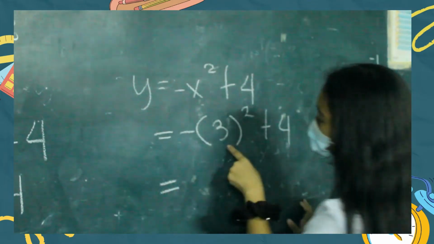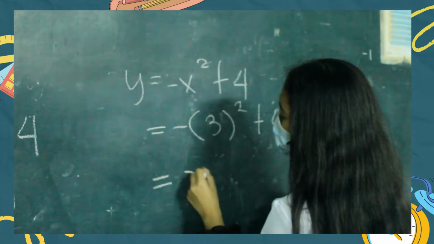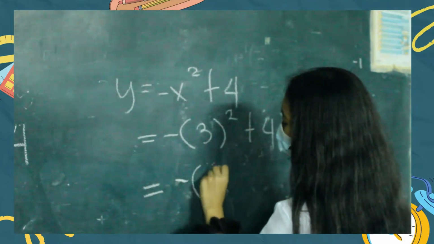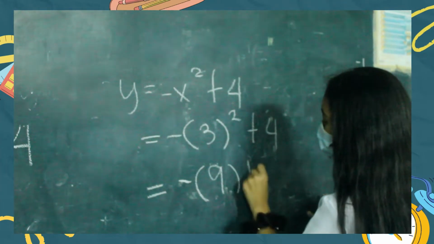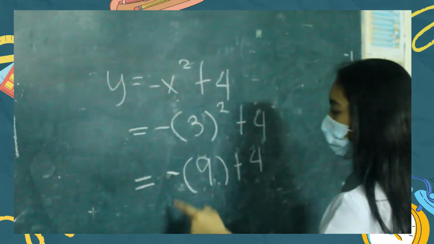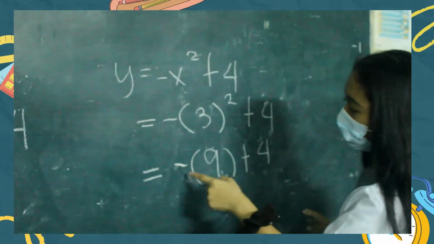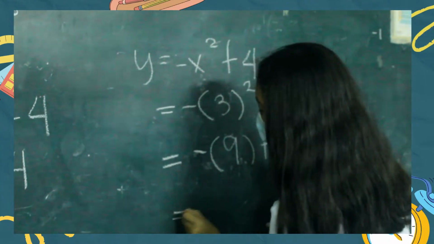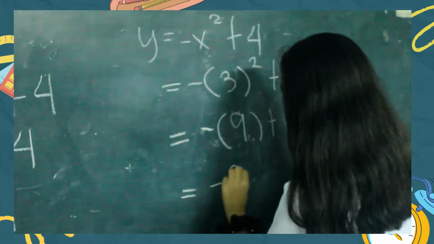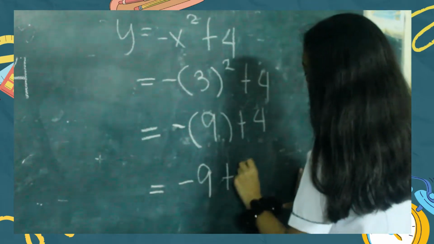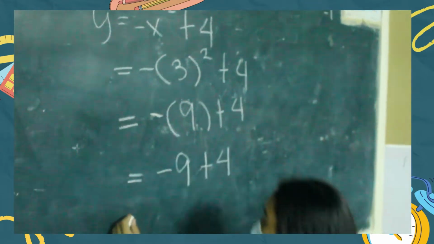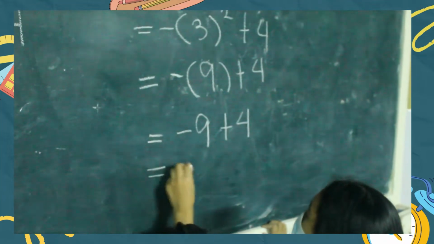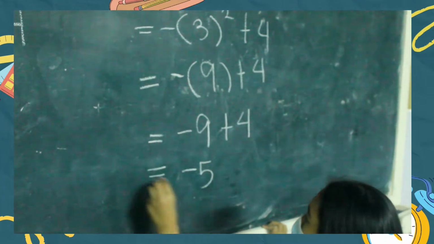So 3 squared will be 9 plus 4. And then, just like the other one, we will distribute the negative sign inside the parentheses. So that will be negative 9 plus 4. So the value of our second y is negative 5.